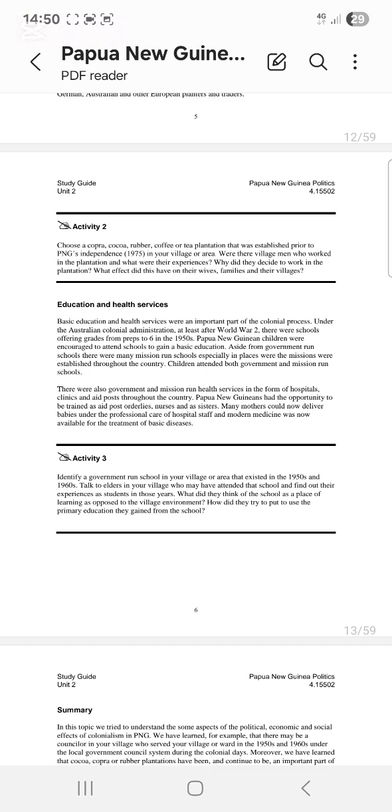So 1884 came along, 1901. 1901 is when Australia became independent. And this is important because understanding Papua New Guinea politics is not enough if we don't understand the development and politics of Australia and New Zealand, especially Australia.